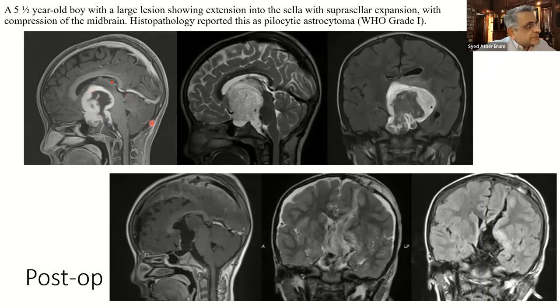This was one of those cases, a 6-year-old child which turned out to be pilocytic astrocytoma, a huge mass, and I decided to approach it through the ventricles, through the foramen of Monro approach, going from the left side, and we were able to resect all of it without any significant deficit.